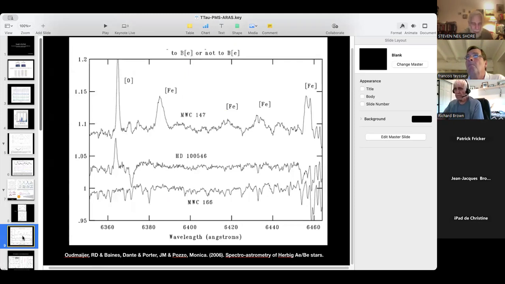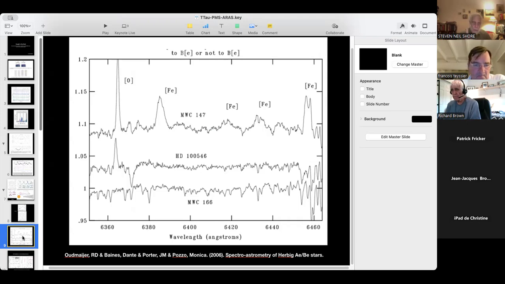Now there's another class of stars among the very young objects called Herbig Ae/Be stars. Not because they look like Herbig, but in the same way that the T-Tauri stars were found in regions of star formation, the Herbig stars are also found in or near regions of star formation, except these guys are brighter and more massive.